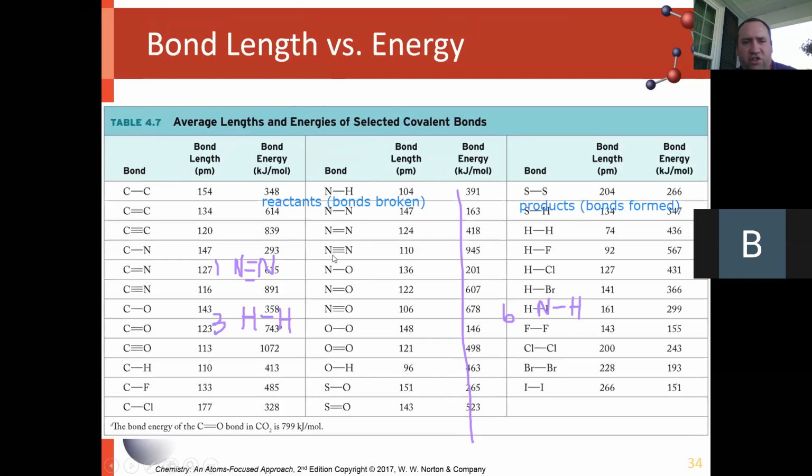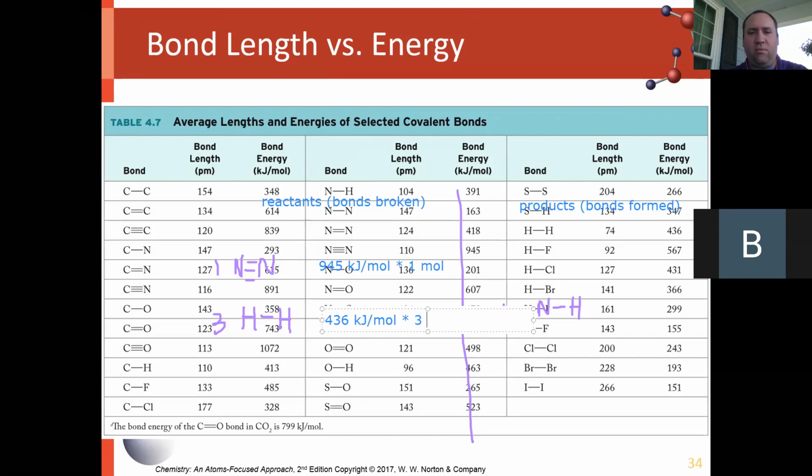So the nitrogen to nitrogen triple bond, that was 945 kilojoules per mole. And I have 1 mole of nitrogen. Hydrogen to hydrogen single bond, 436 kilojoules per mole.